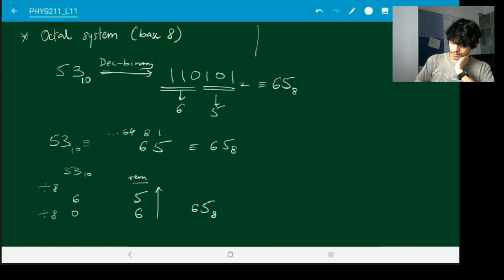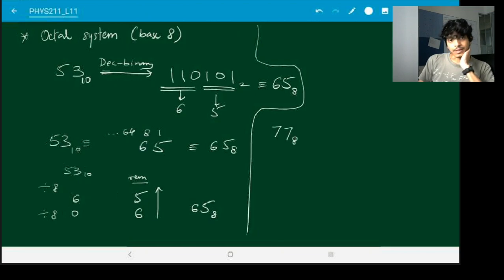And the other way around also in a similar fashion. If I give you the number, well not 70, 7 in octal, let's say 76. So what this means is this is 7 times 8 plus 6 times 1.